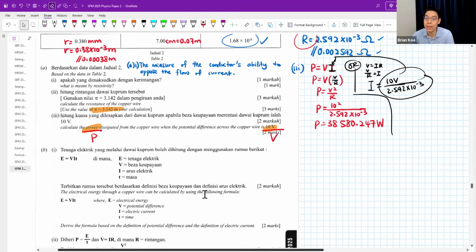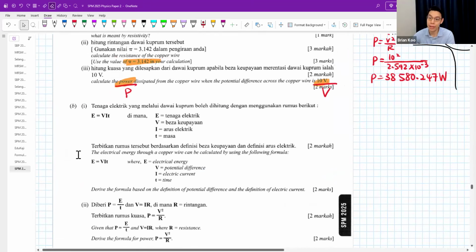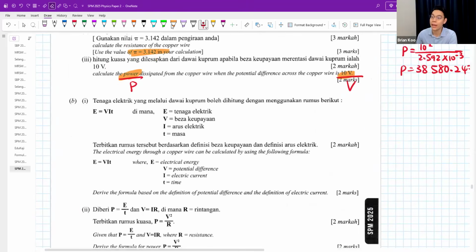Then part B, a lot of people are very scared about this formula. They say the electrical energy through a copper wire can be calculated using this formula, where E is electrical energy, V is potential difference, I is current, T is time. Derive this formula based on the definition of potential difference and the definition of electric current.